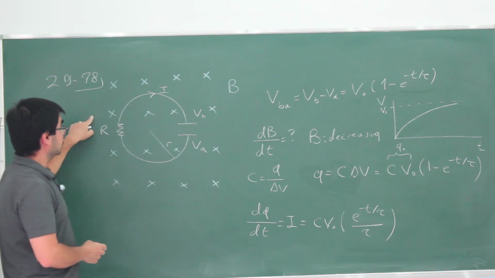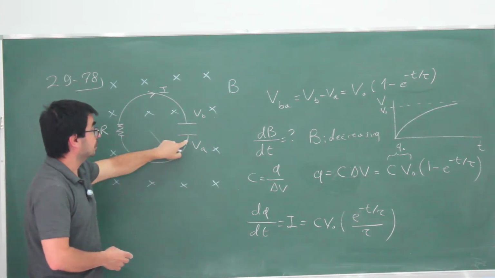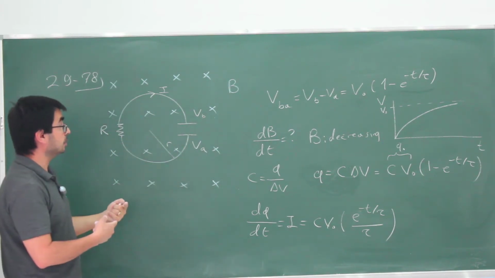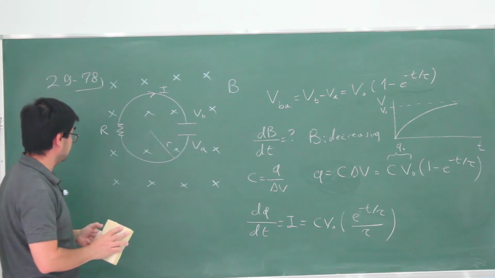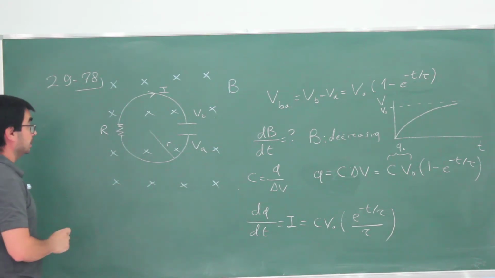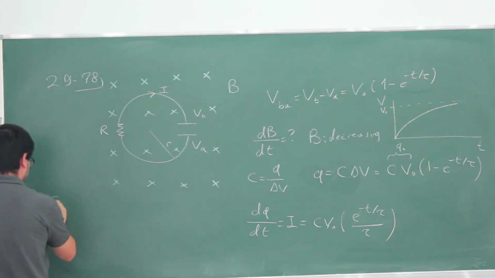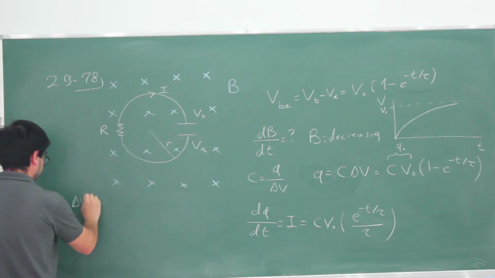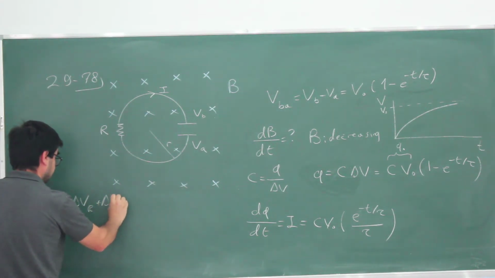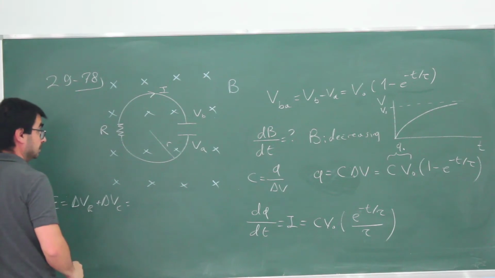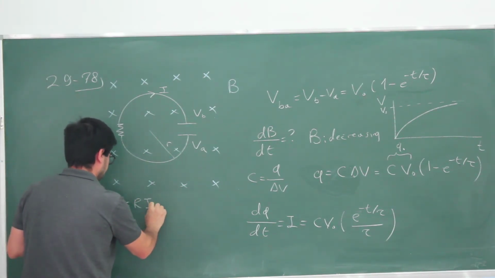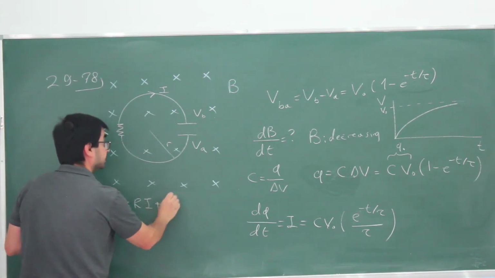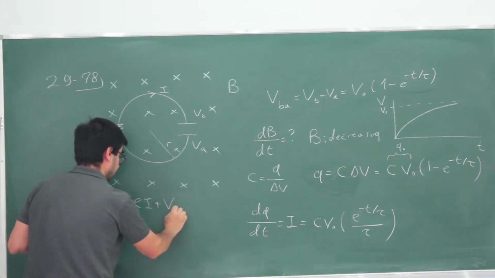potential change across this. I already know the potential difference across that one, so the sum of those two is going to give me the total potential difference. So I need some more space, perhaps I can write this. So the EMF induced is going to be the delta V over the resistor plus the delta V over the capacitor, and the delta V over the resistor is just R times I plus this.